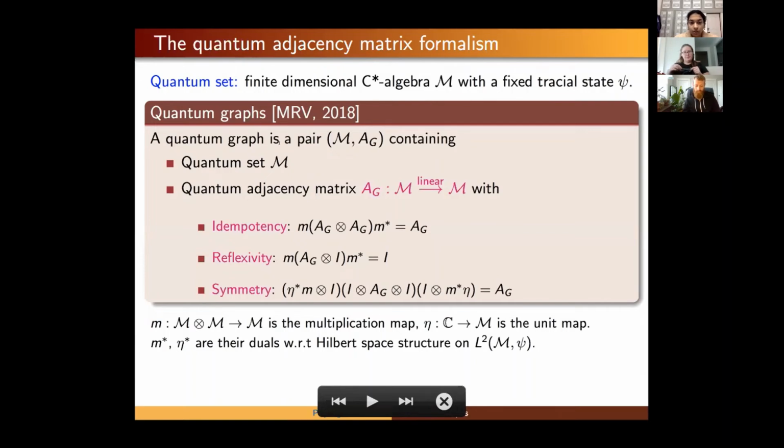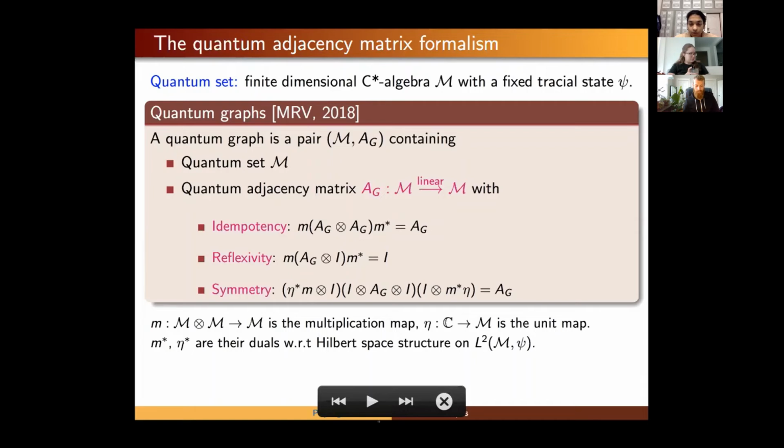The way a quantum graph is defined in this perspective is that it's a quantum set, and then there is a quantum adjacency matrix which satisfies some nice conditions. This adjacency matrix is nothing but a linear operator on this quantum set, which has the Schur idempotent property, which means that its entries are precisely 0 and 1. Then it has a reflexivity property, meaning the diagonal elements are 1, and it's also symmetric.